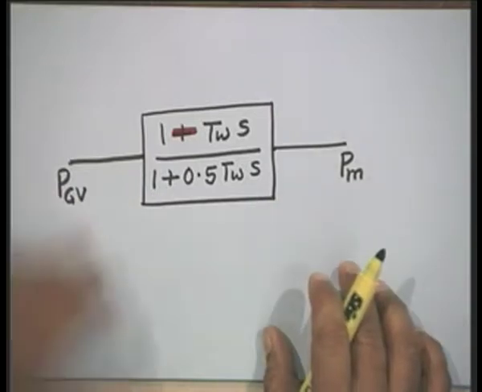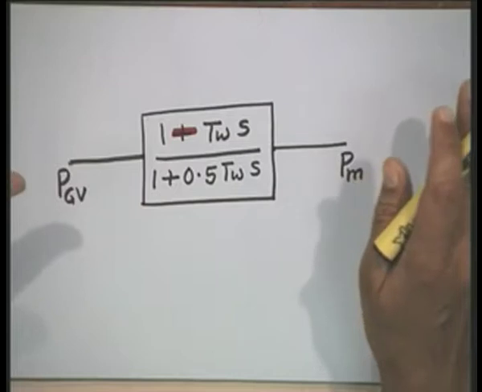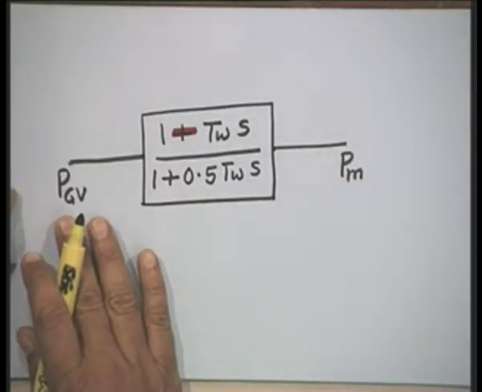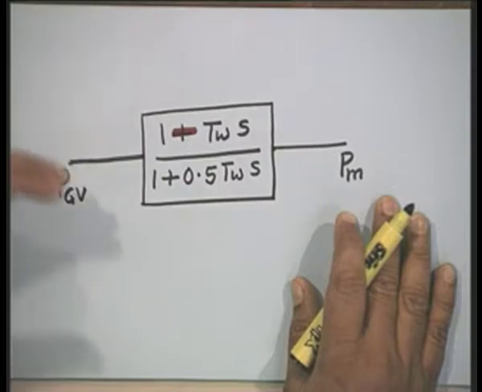Now, here instead of considering the PGV, we will prefer to consider the deviations in the gate position, and deviation in the mechanical power developed.